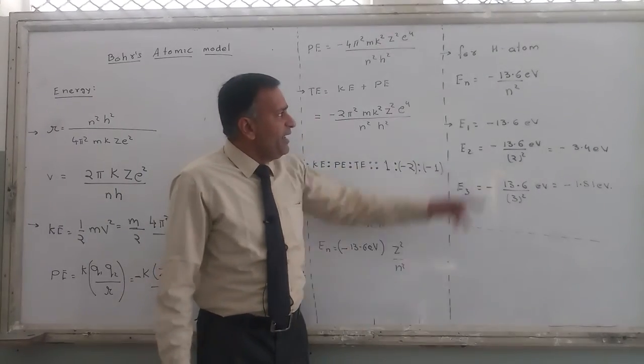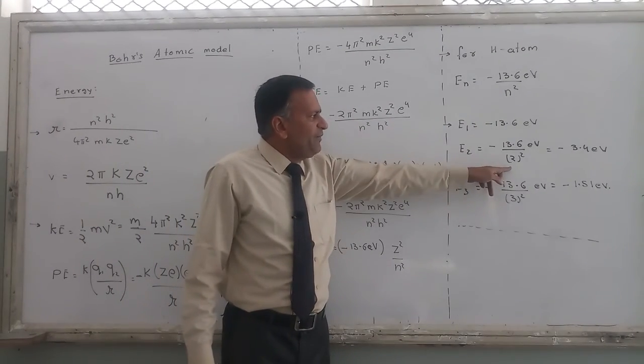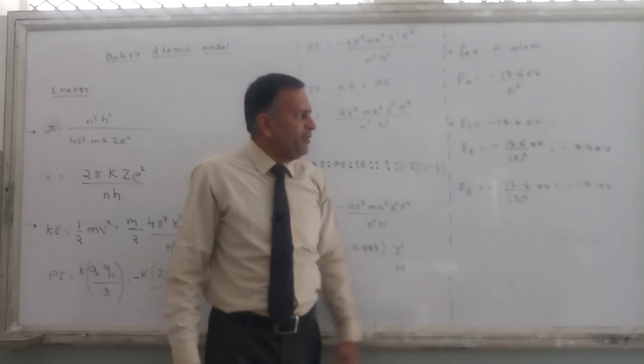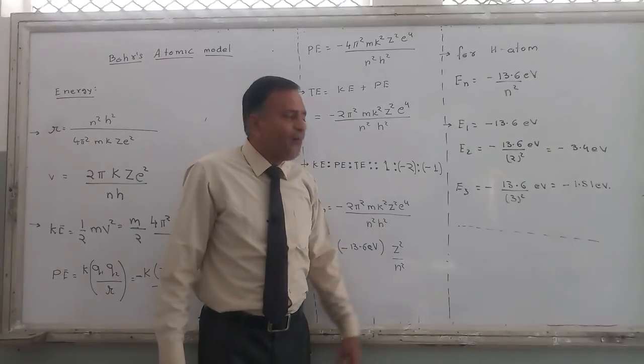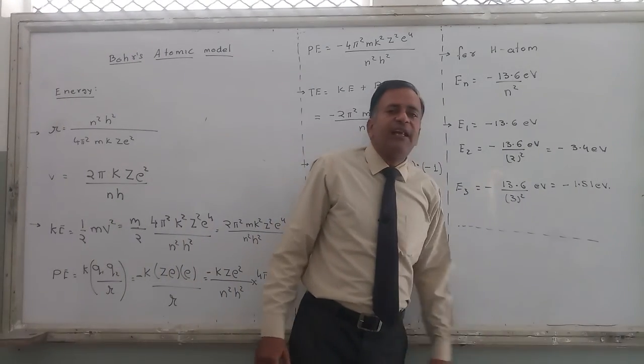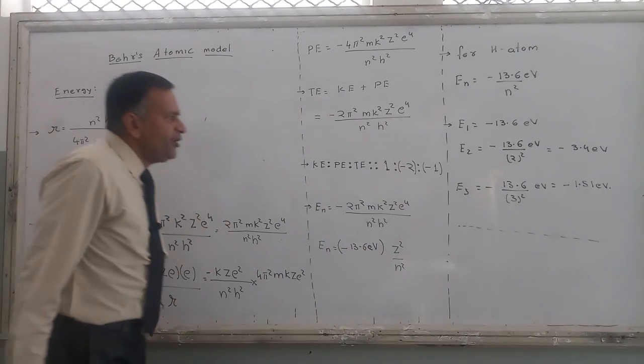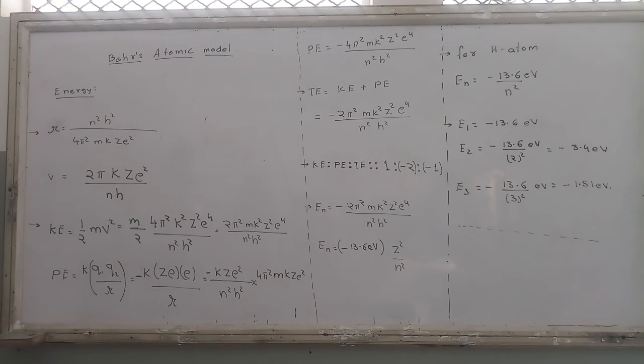In the second orbit, n is equal to 2, so you will divide this by 2 square, and what you get is minus 3.4 electron volt. In the third orbit, divide this number by 3 square, and minus 1.51 electron volt. Similarly, you can calculate the energy of electron in any atom in any orbit.